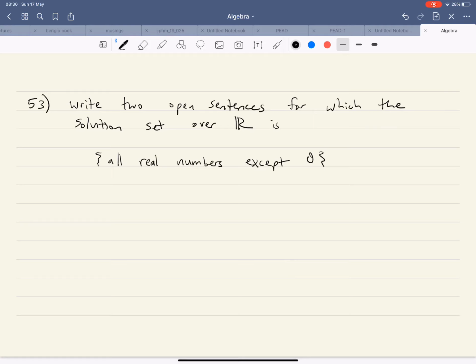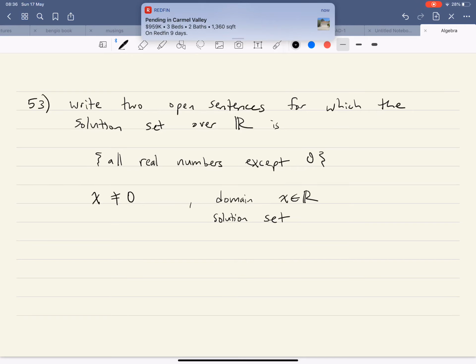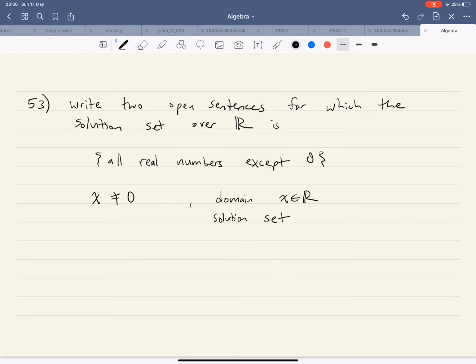Well, the simplest one is just x doesn't equal 0, right? I don't want x to be 0. I'm just going to say x doesn't equal 0. My domain is x is a real number, and my solution set is the one that we're looking for.